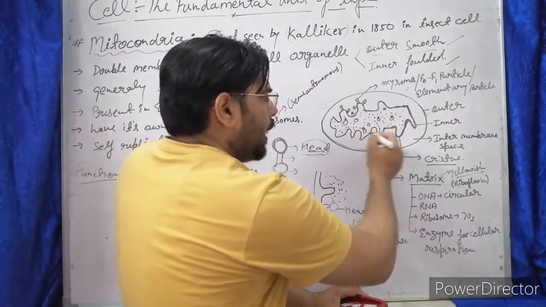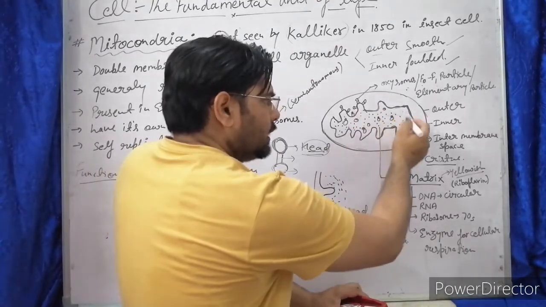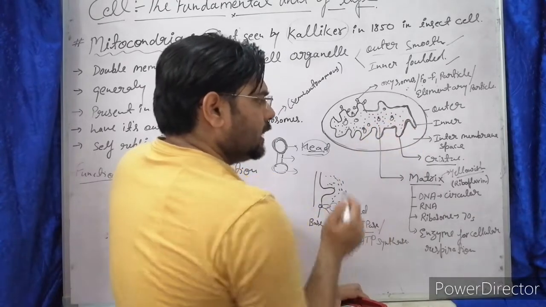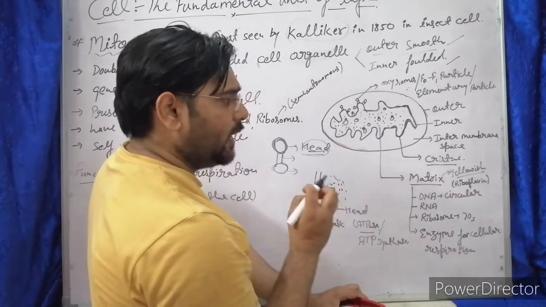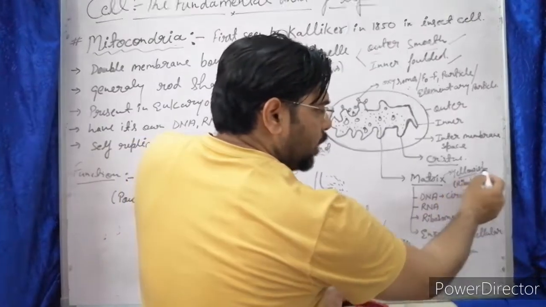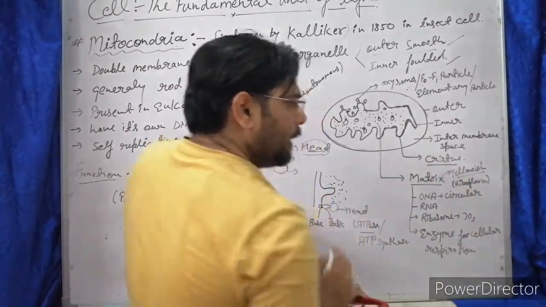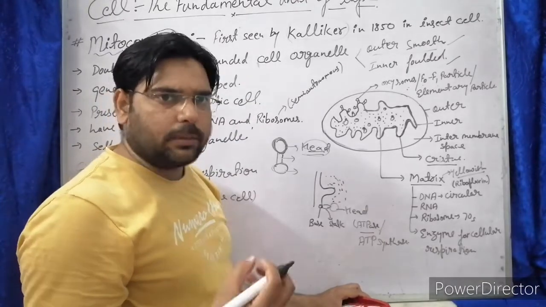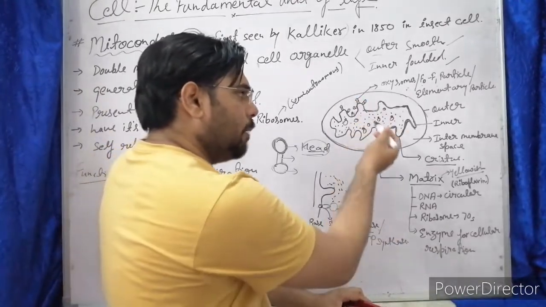Inside this inner membrane, a fluid matrix is present, which is generally yellow in color. The matrix is yellowish due to the presence of riboflavin, a substance present inside the matrix.